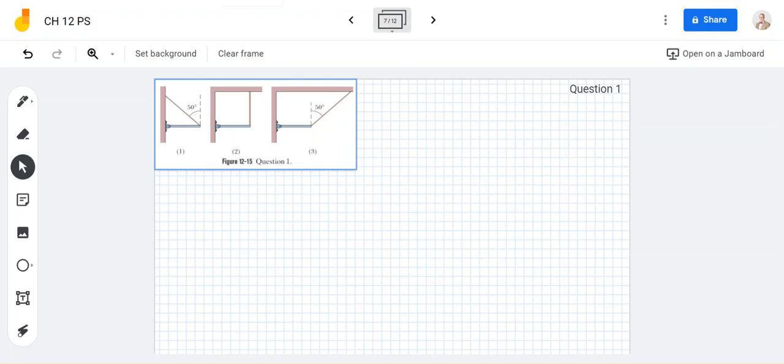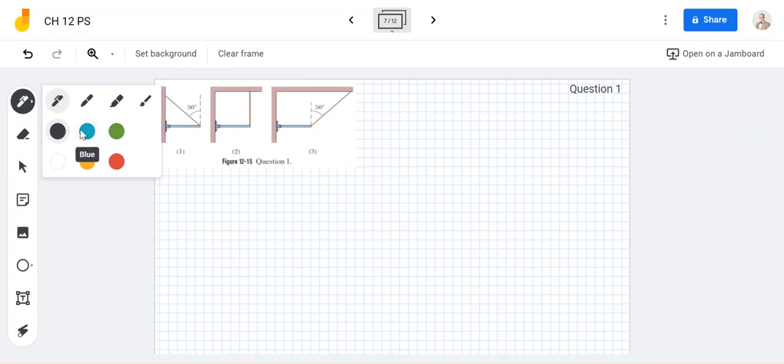So what I think is interesting about each of these situations, and I'll sketch them really fast here, is that we have the wall, and then we have the boom arm here.